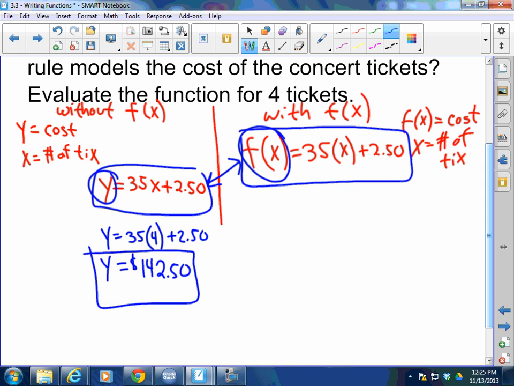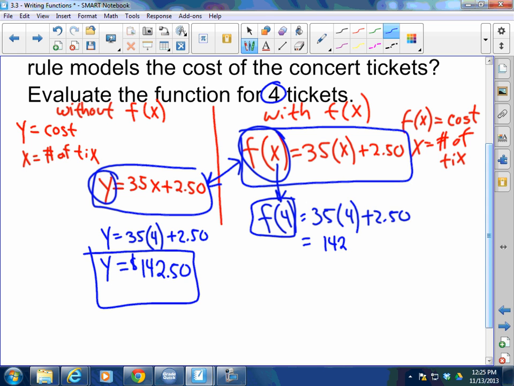Or f of 4 equals 35 times 4 plus 2.50. Why did I put f of 4? Because I replaced the x value with 4 tickets, which is what I'm looking for. So I have, again, 142.50.